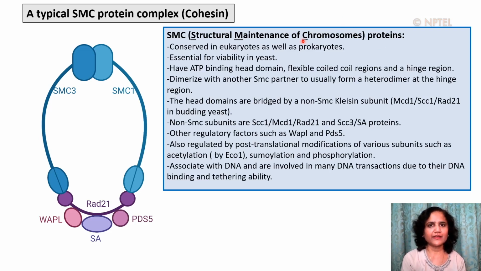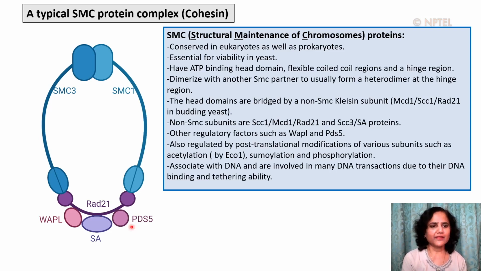For example, in yeast, they are essential for viability of the cells. They have an ATP binding head domain, a flexible coil region, and a hinge region. And these proteins dimerize with another SMC partner, usually to form a heterodimer, and they dimerize at the hinge region.